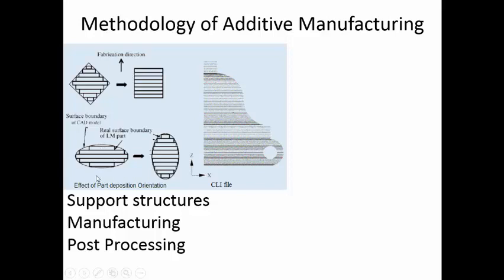If you are manufacturing like this, there will be fewer layers and the profile will not be accurate. But if you are manufacturing in the other direction, you are having more layers, but your profile is much smoother. So various issues will be there for the arrangement of the component for production before manufacturing.